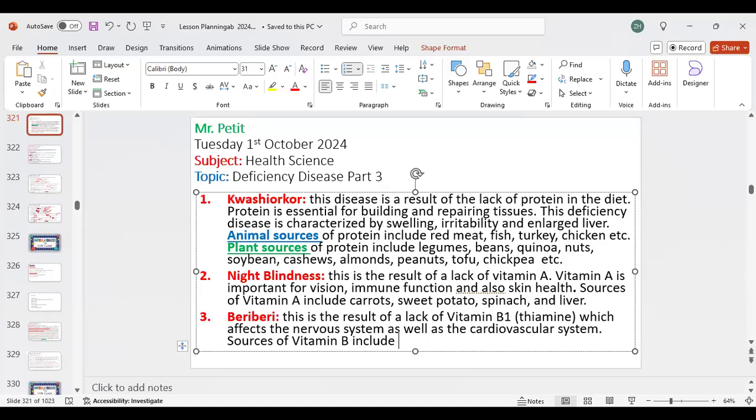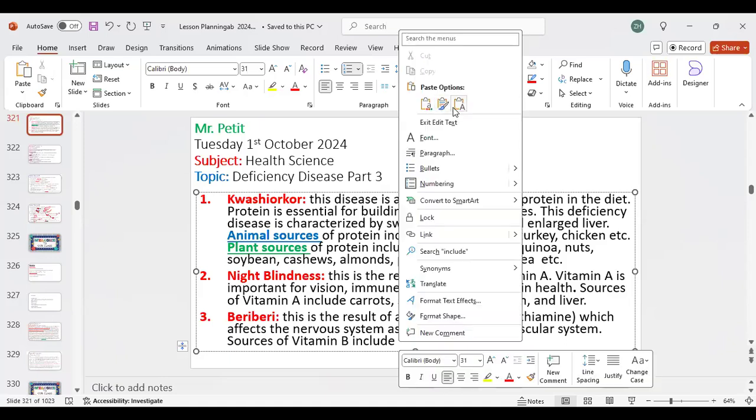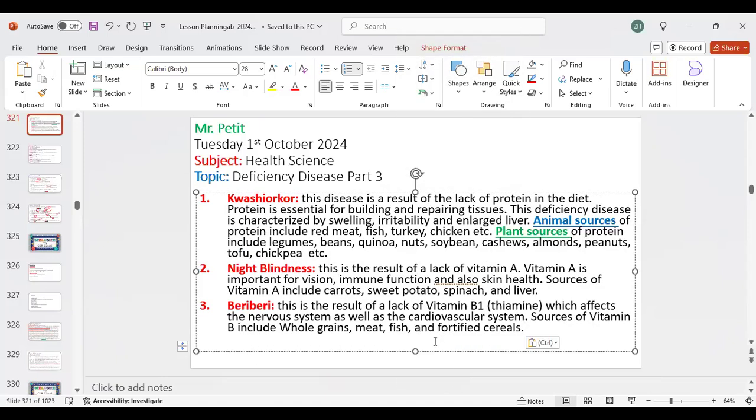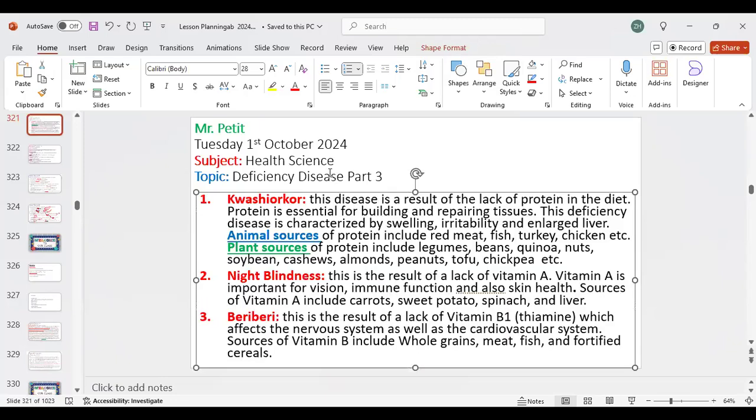Anyone else like cereals? Like Cheerios. Yeah, whole grains. I'm not sure if Cheerios have it. More than likely they have it, but certain fortified cereals have it. Meat, fish, and fortified cereals.